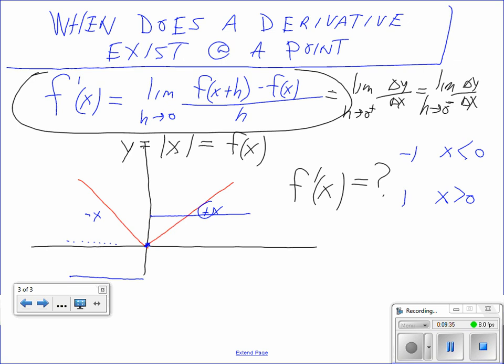And the answer, if you take the limit from the left and the right, on the left side it's negative 1, on the right side it's positive 1. Again, we could do it algebraically very rigorously, but I think you can see intuitively that f prime does not exist at x equal to 0.